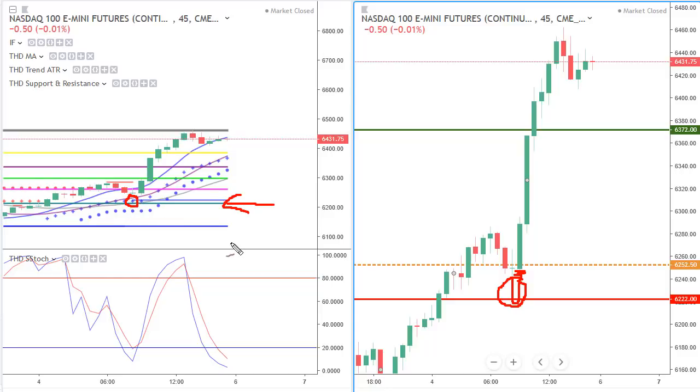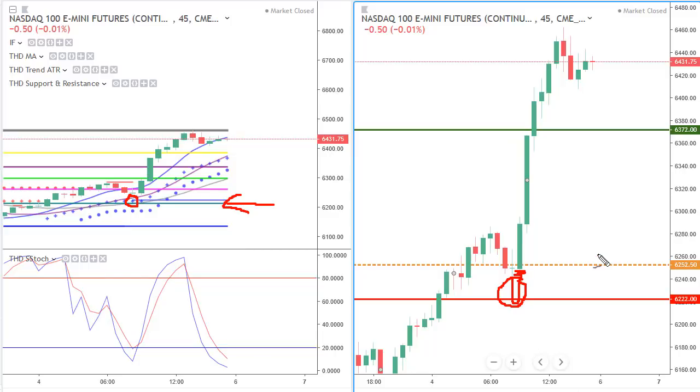So you don't have one level of support. You don't have two levels of support. You actually have 3 levels of support on the NASDAQ on Friday morning before the market opened. So I believed that the market would go up off of this.